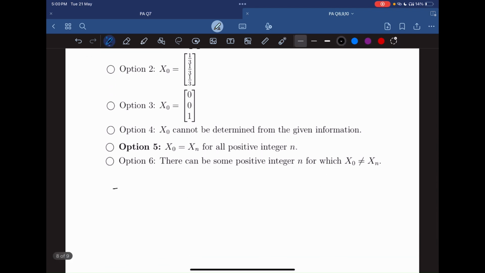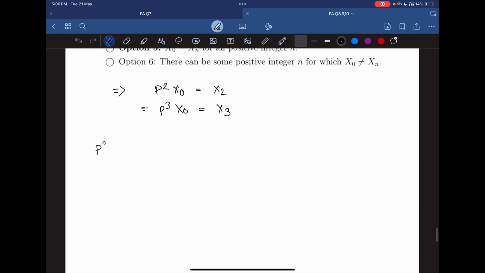So we derived one result before in question 9, that is P squared x0 equals x2. So for x3 simply we can write P cubed x0 equals x3. We have our P squared matrix as 1, 3/4, 1/2; 0, 1/4, 1/2; and 0, 0, 0.